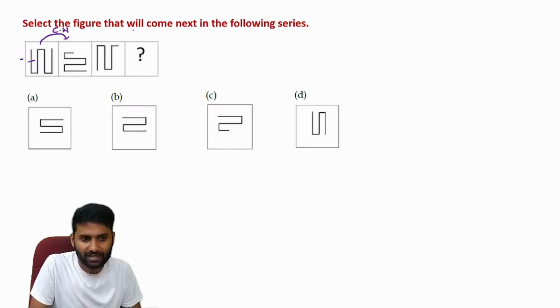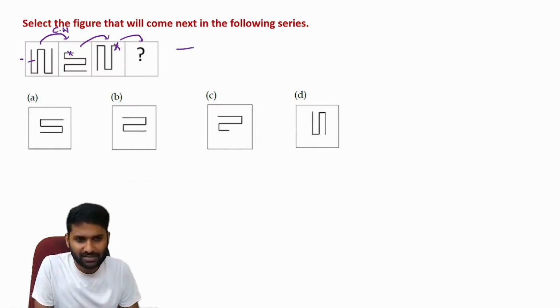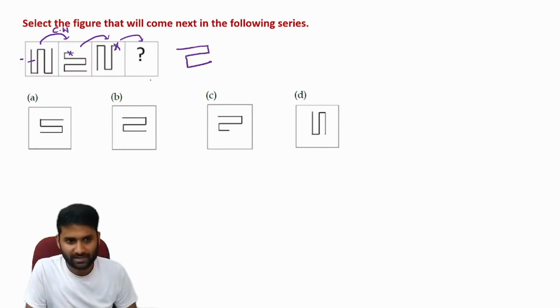Again it turns in the clockwise direction, and you will get this shape. So they delete this particular point. Again you have to tilt clockwise. Now you have to subtract, meaning you have to remove this particular part. So again if you turn it this way, you will get the shape. So this is the shape you will get. So answer B.